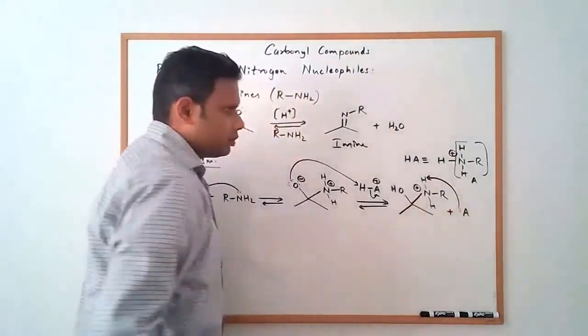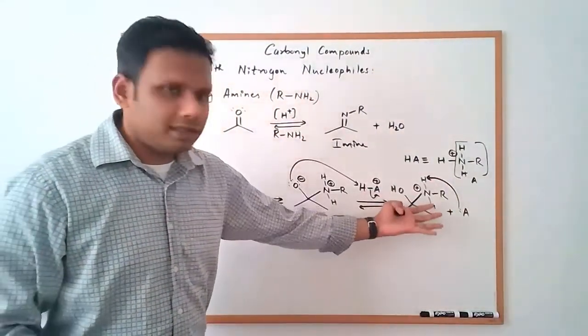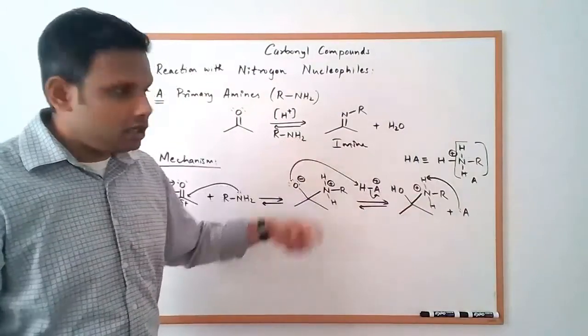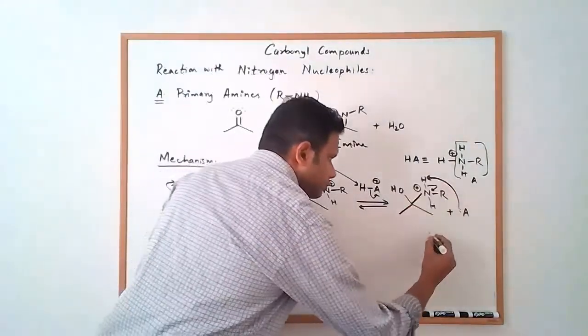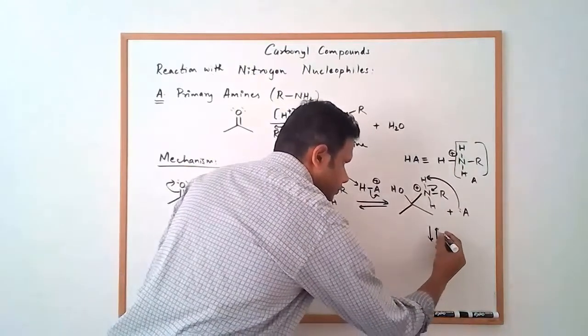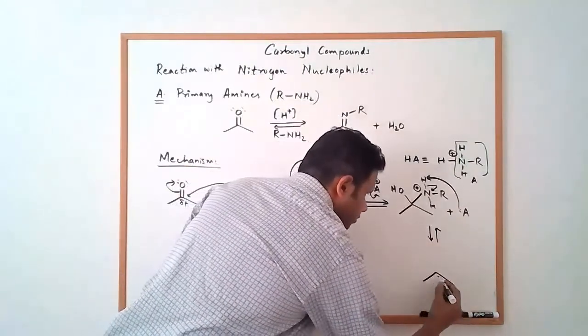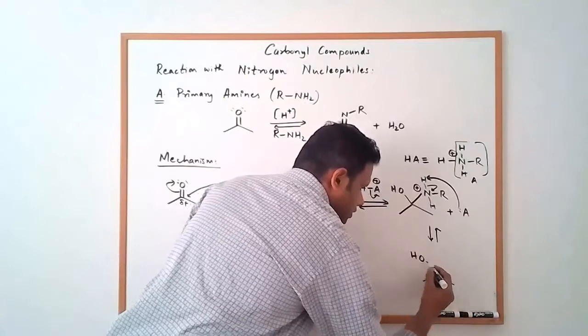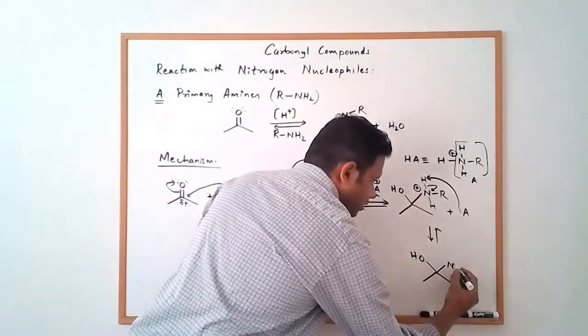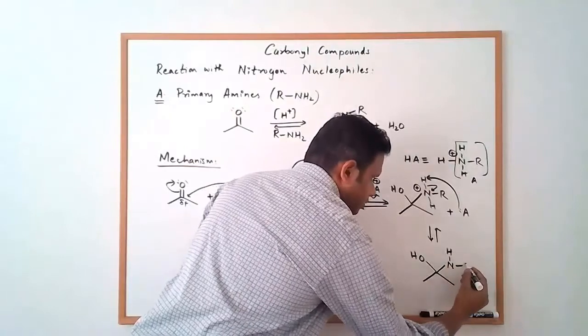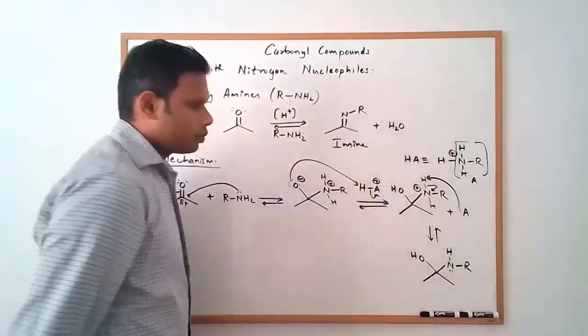In the next step, the A, or the base that's in the system, which is again the amine here, will go and deprotonate this species, which will give us this intermediate here, NH with an R and one lone pair on it.